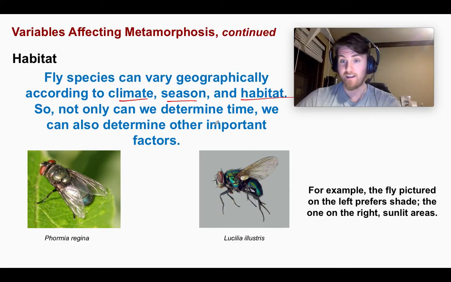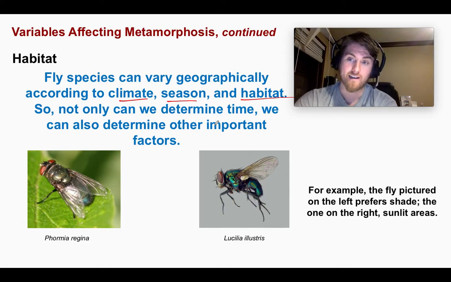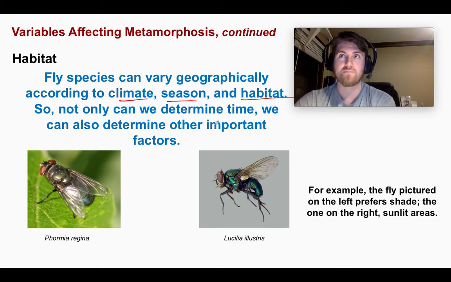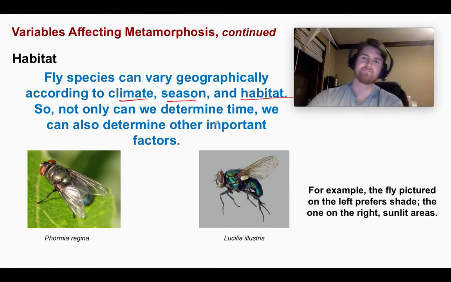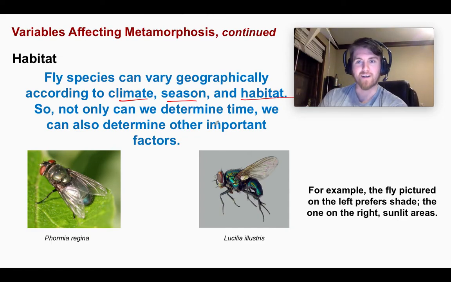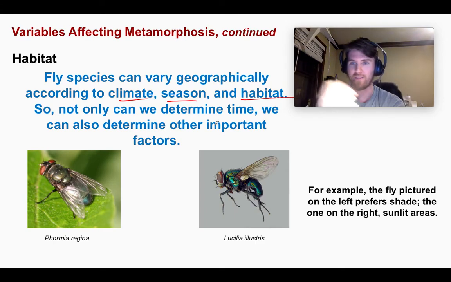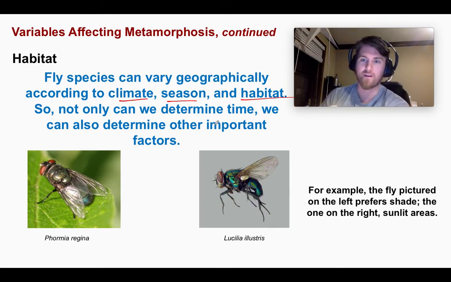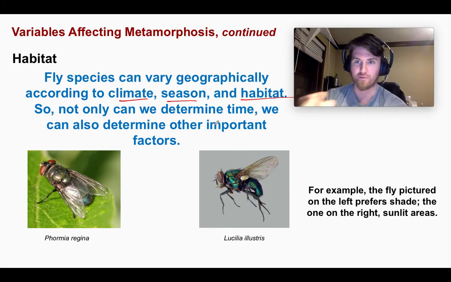Now, climate, season, habitat. Unfortunately, the number one example is if you've ever watched Hannibal Lecter, Silence of the Lambs or something. In that movie, they have a moth and they're trying to figure out where this moth came from, and it's a forensic countermeasure through all of it. But the entire thing is specifically saying, where in the world did this thing come from?